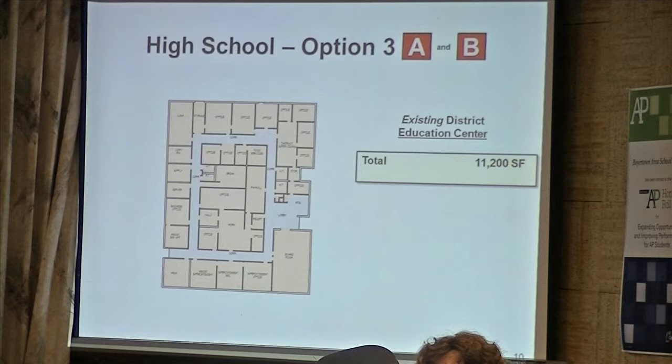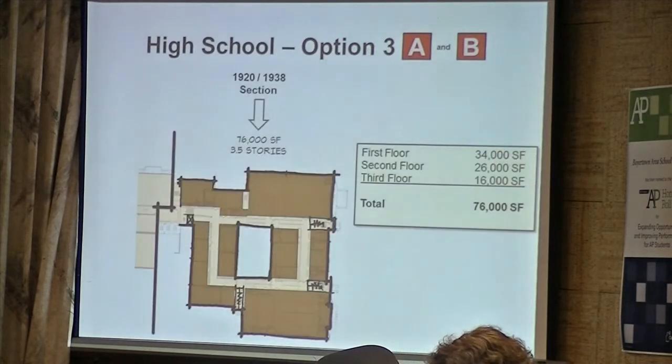So just to go through the building to show you what is in that existing building, we look at putting your district education center in there, and your existing district education center is 11,000 square feet. Between this building on all 3 floors, you can see we have 76,000 square feet.